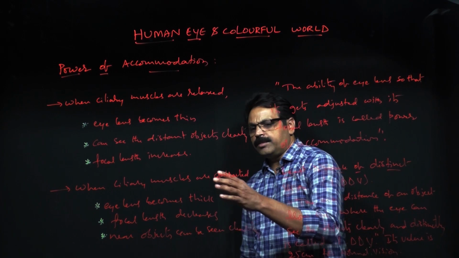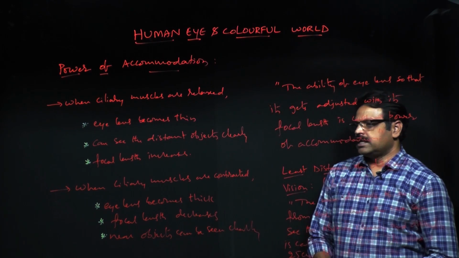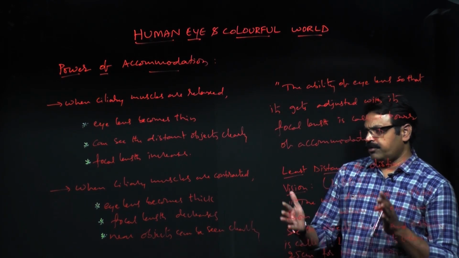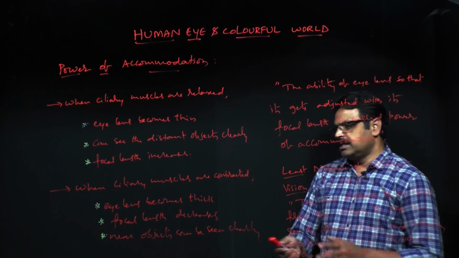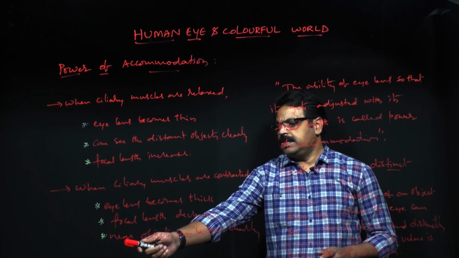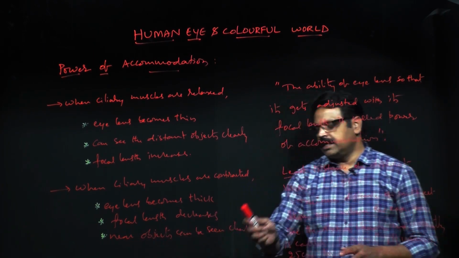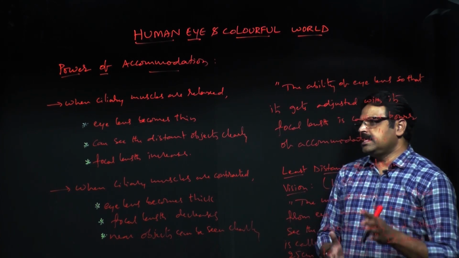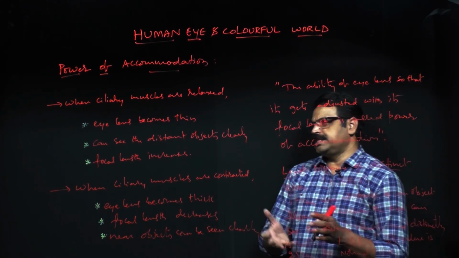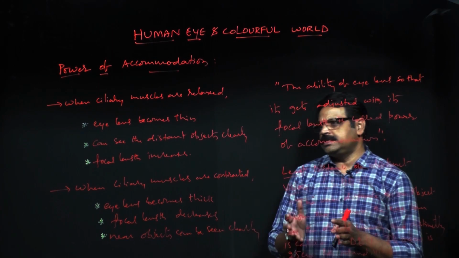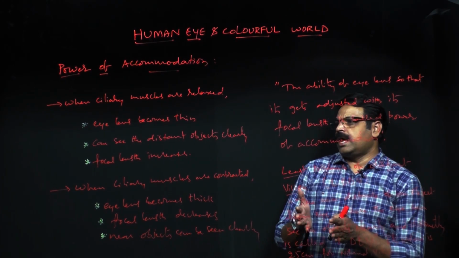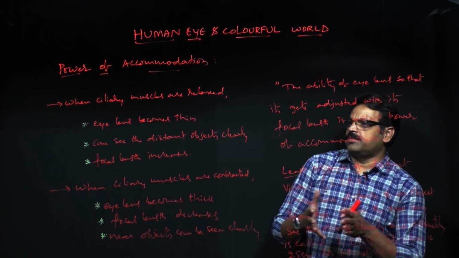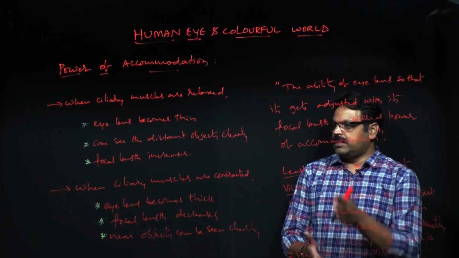Similarly, when ciliary muscles are contracted, the eye lens becomes thick. Therefore, the focal length decreases, and it can see nearby objects clearly. That means ciliary muscles are responsible for changing the focal length of the eye lens by adjusting it, either making it thin or thick.